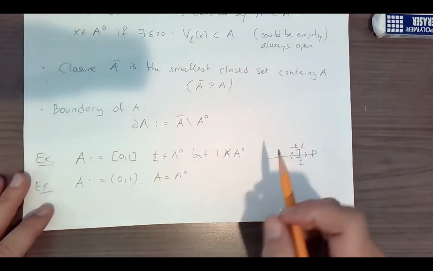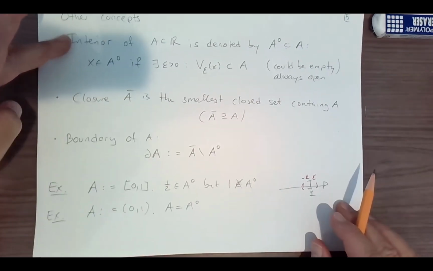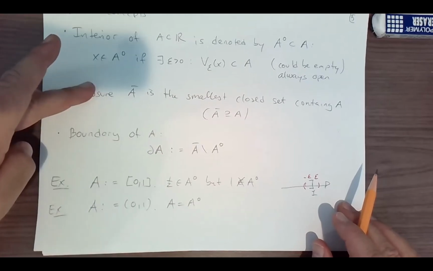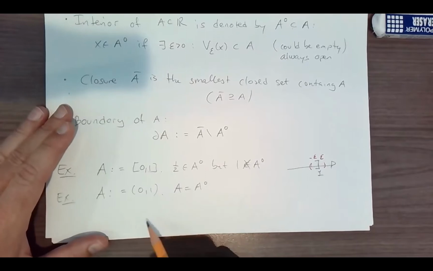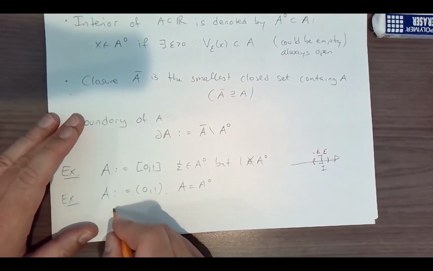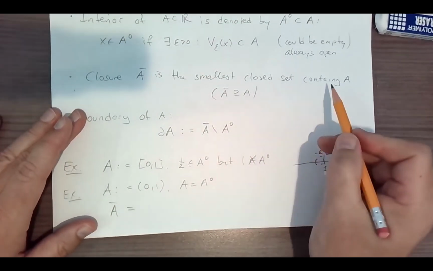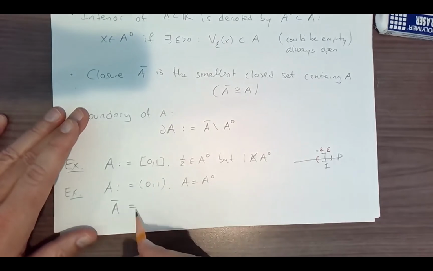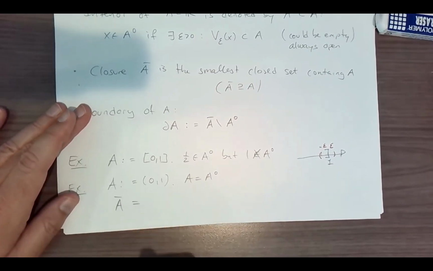So the interior is an open set. For the closure, we take a set that contains A. In this second example, A is not closed. If I want to close A, what is the smallest closed set that contains A?